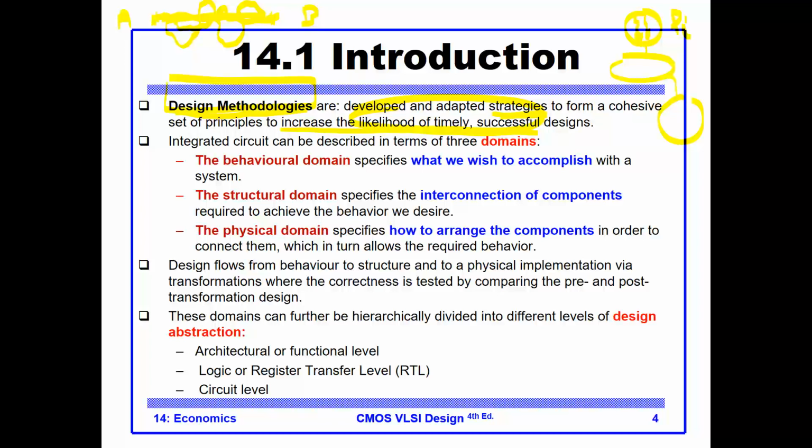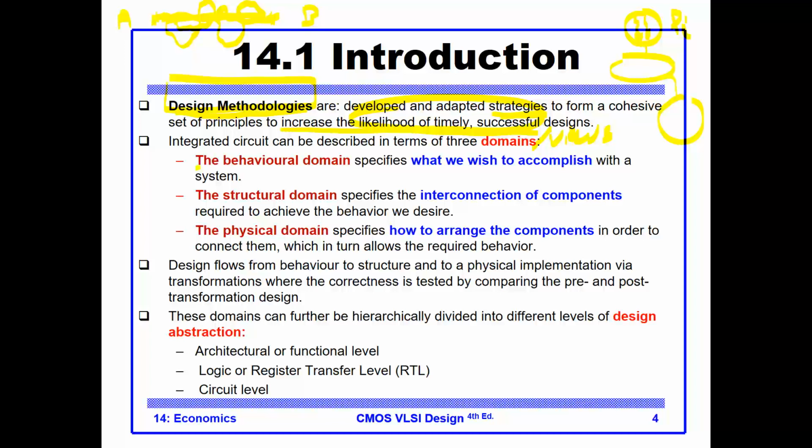Okay. Now, integrated circuits can be described by three domains, or I would say views. Those views or domains describe the design from different perspectives.